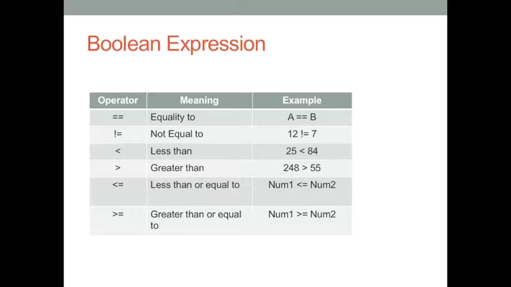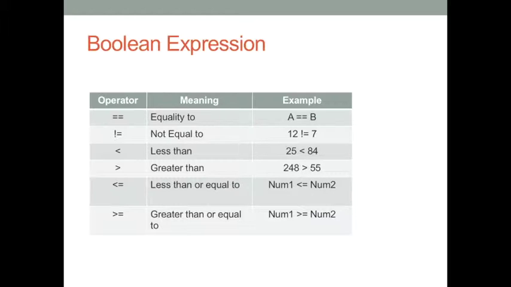Now again, if these num1 and num2 were variables, it would depend on what was in them. So for example, if num1 was 83 and num2 was 21, that would expand to 83 is less than or equal to 21. Well, is 83 less than 21?